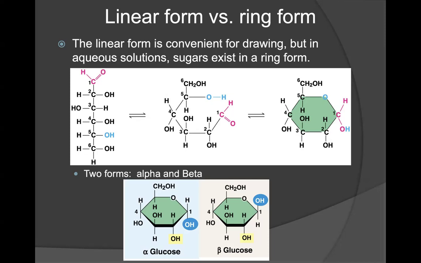If you take a look at the beta glucose to the right, you will see that that hydroxyl group ends up being shifted upwards of that number 1 carbon. So that's a base structural difference between the alpha and beta glucose. Remember that even though this is a small structural change, they can have different properties within the cell.